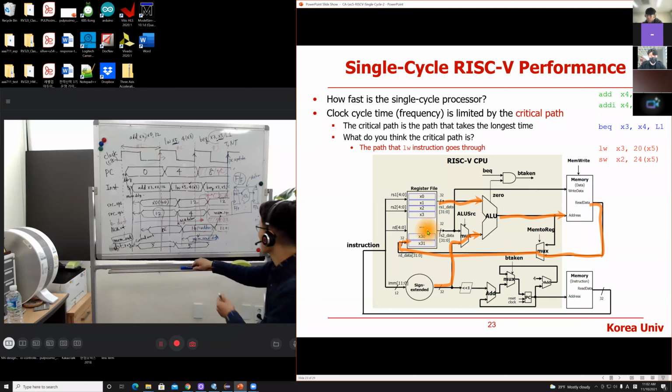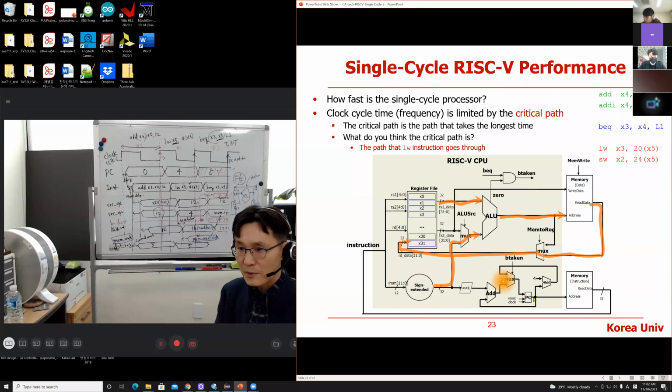PC, the program counter, to the register file. Not PC to this memory. Not PC to memory, because the store instruction is taking that, and it is shorter than the LW path.